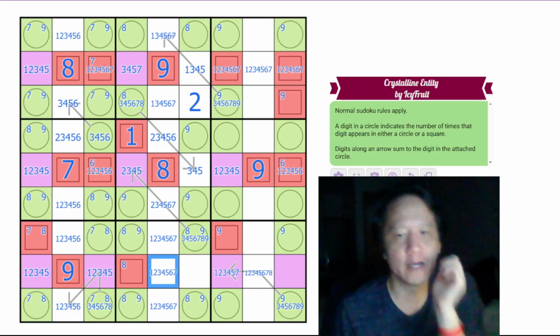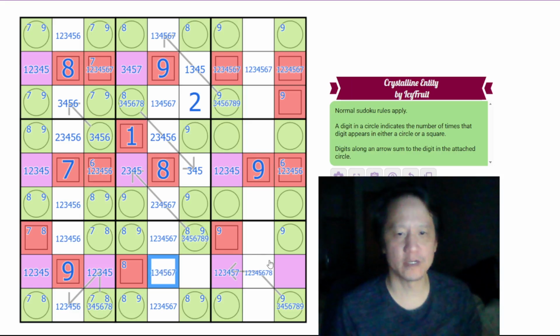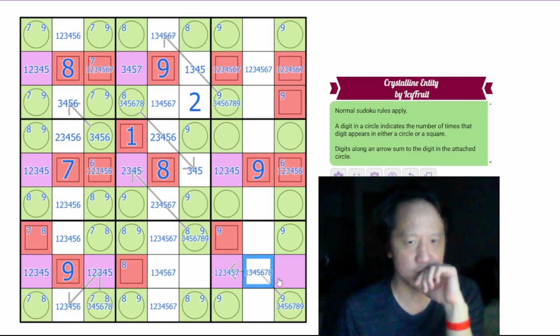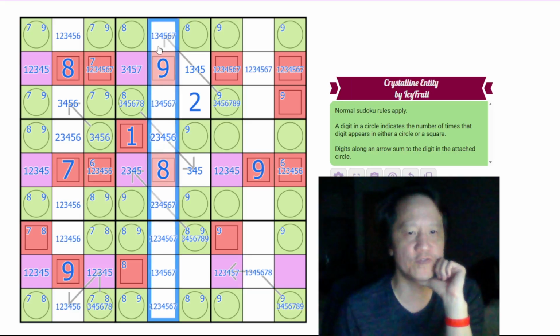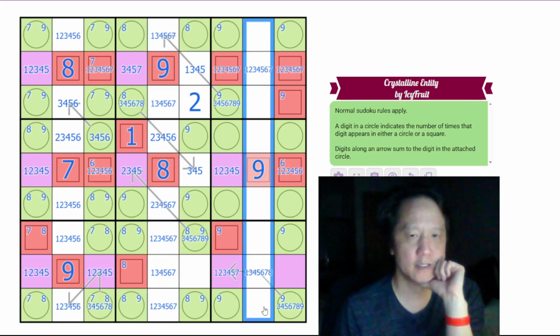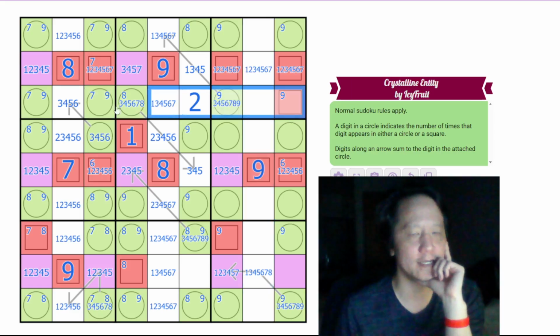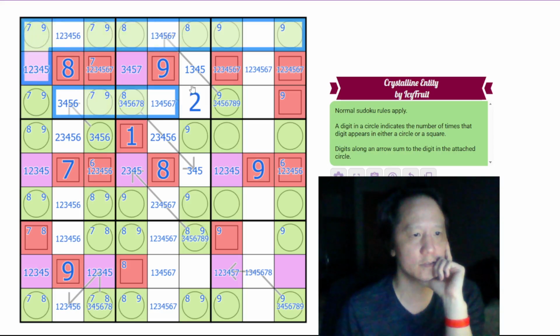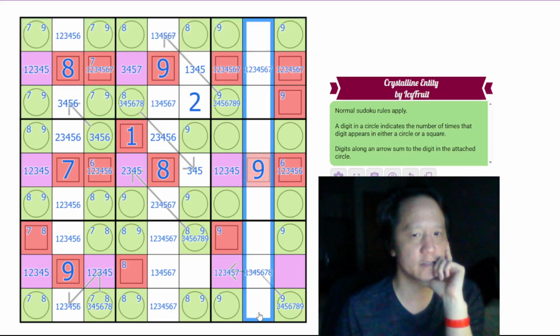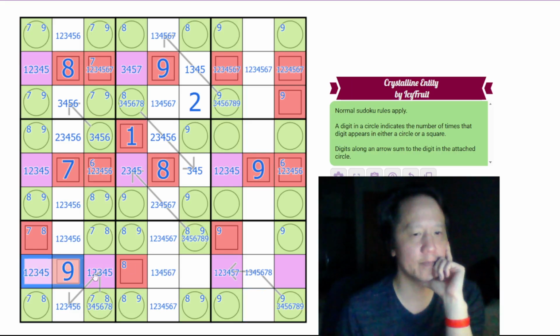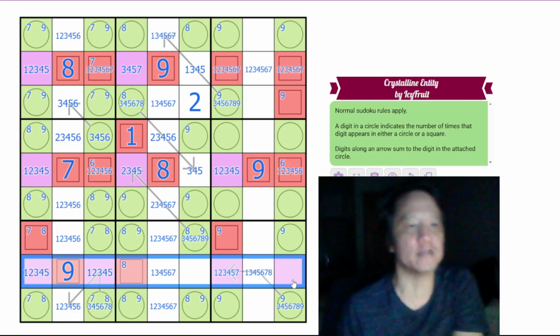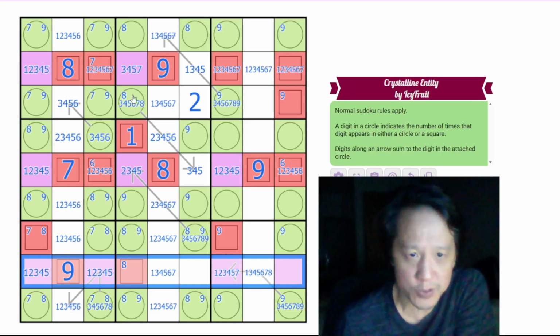So this cannot be a 2, and this cannot be a 2. Because in columns 2, 5, and 8, they have to be essentially not in the circles. And they can't be in the rows that are needed for the 5 columns, right?